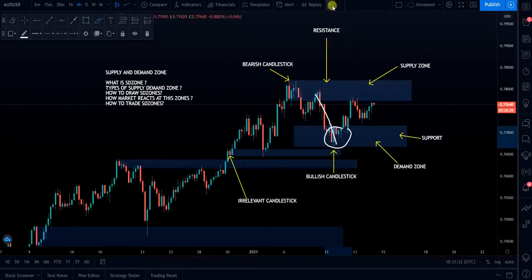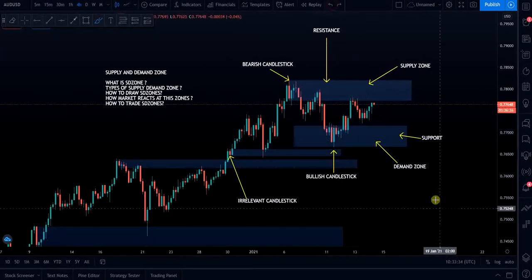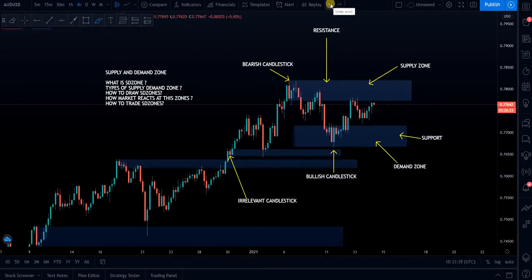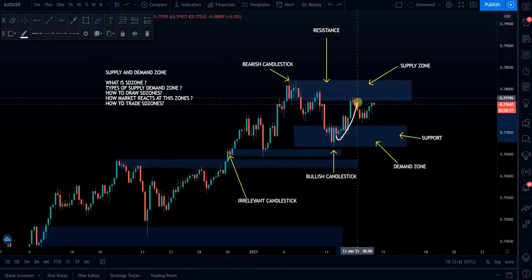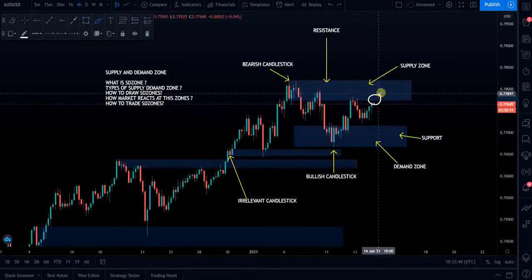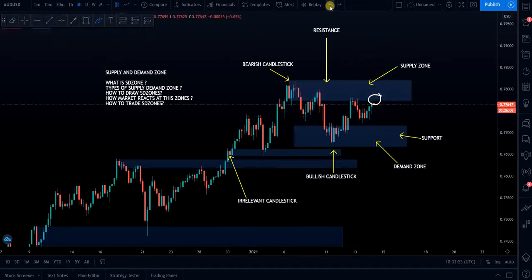We have a bullish candlestick demand zone. This demand zone means buyers are sitting here and they are trying to push the price upside, which is a bullish trend for us, but the price is again getting rejected at this level. So basically this is a war between buyers and sellers. Whoever wins, the market will go in that direction.